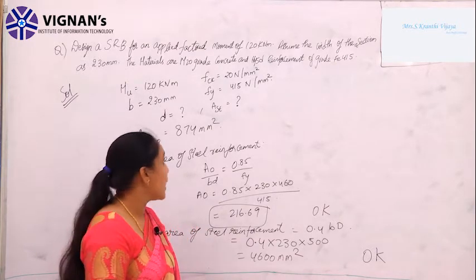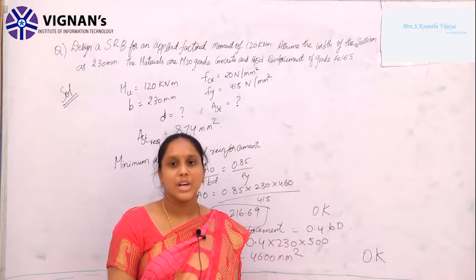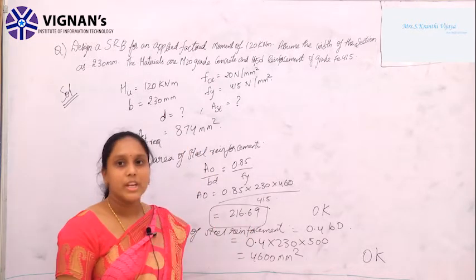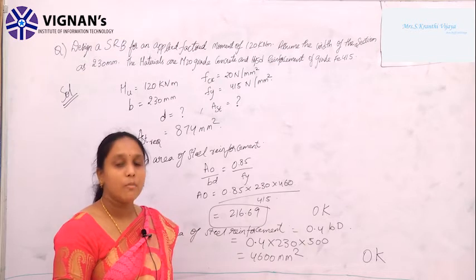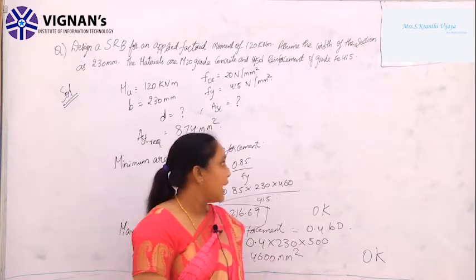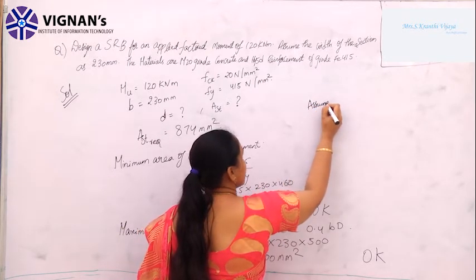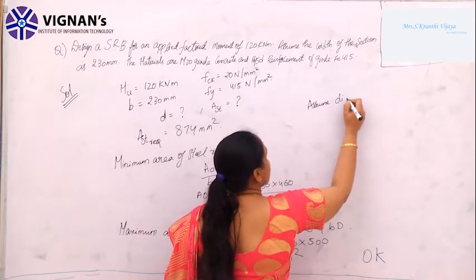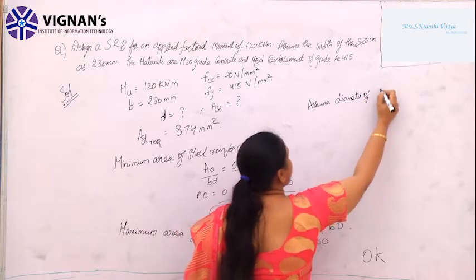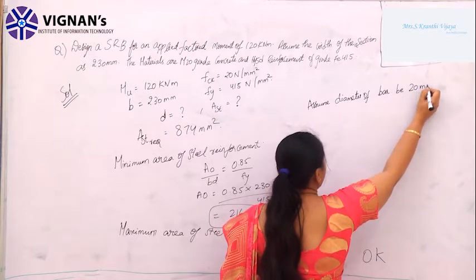But here what we have to find? We have to find out what should be the number of bars which has to be provided and what should be the dia of each bar, based on the AST which we have calculated. Now, let us assume the dia of bar be 20 mm.